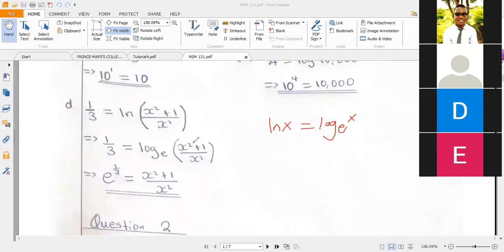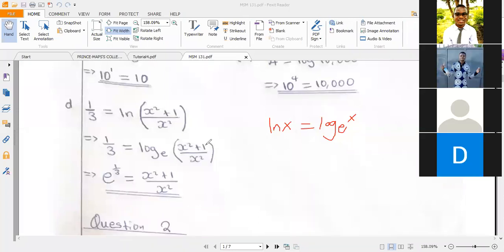So log base e of x squared plus 1 over x squared, which is equal to 1 over 3: you maintain the base e, the 1 over 3 becomes your power, and what was your argument becomes your solution. This changes to e to the power 1 over 3 is equal to x squared plus 1 over x squared. Since they're just asking us to change to exponential, we end it there.